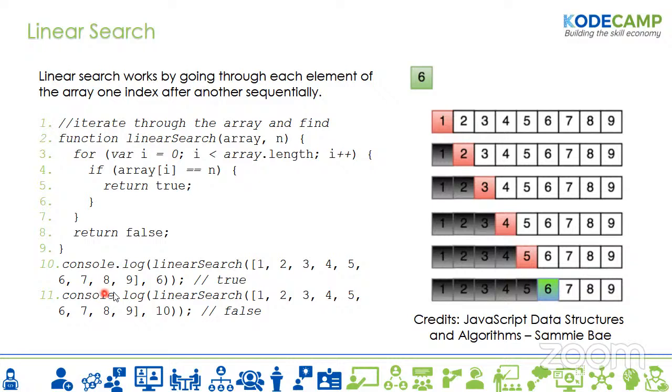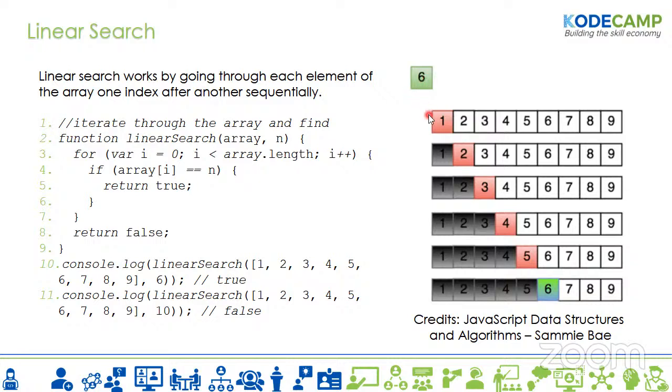What we want is to iterate through the array and check if the number 6 exists in the array. So this is an example.